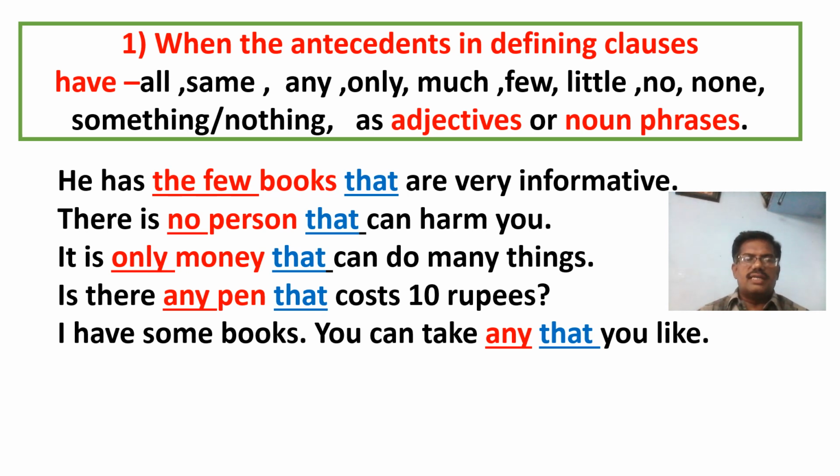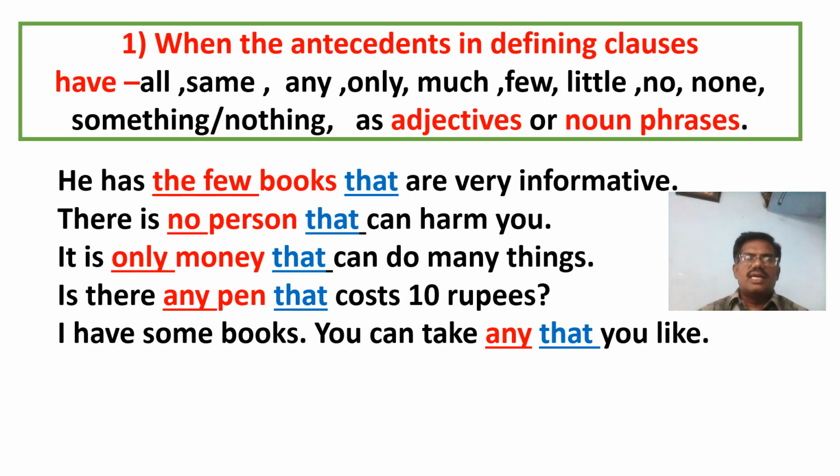And only is the word used here, so that is used as relative pronoun. And any is there in the antecedent, so we have used that as relative pronoun. And in the last sentence, any is used in the antecedent, so we have used that as relative pronoun.